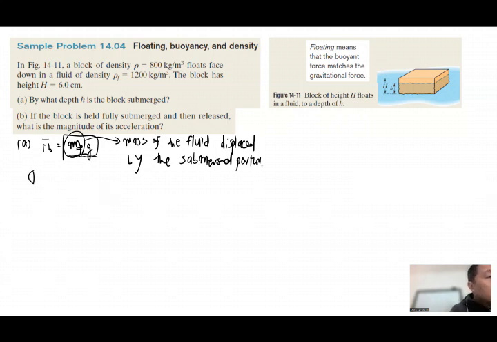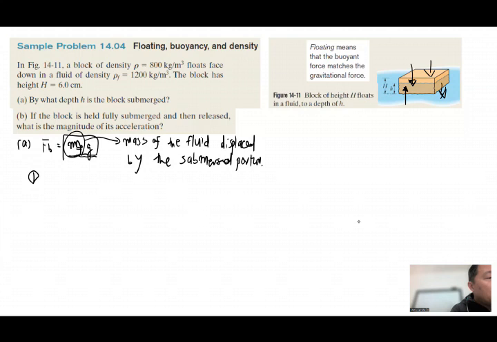So, for the block to float, the upward buoyant force on the block must match the downward gravitational force on the block. If these two forces are balanced, then the block floats in the fluid. The buoyant force is equal to the weight m_f g of the fluid displaced by the submerged portion of the block.